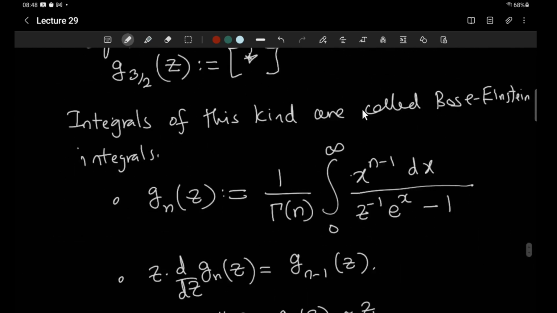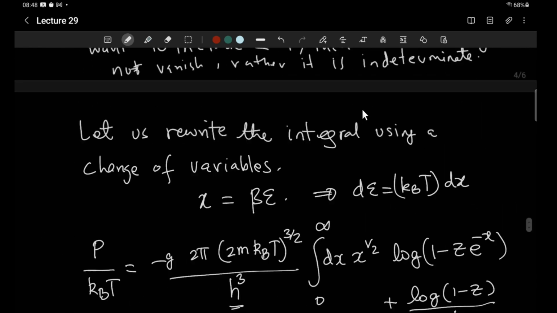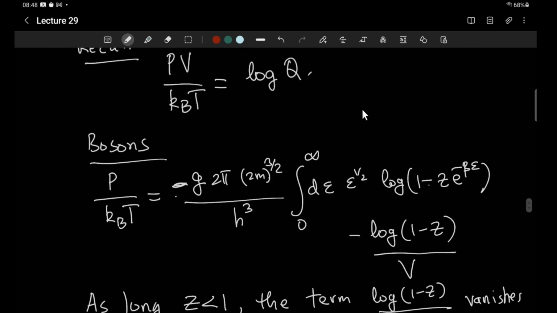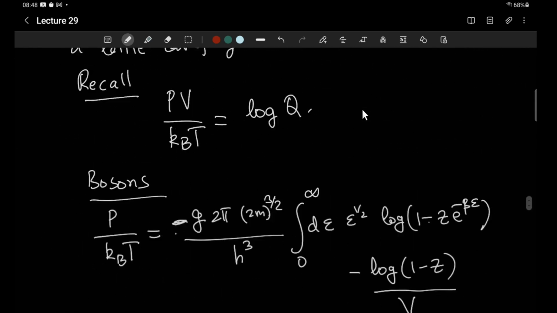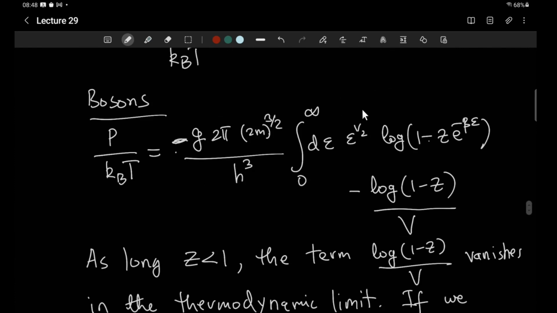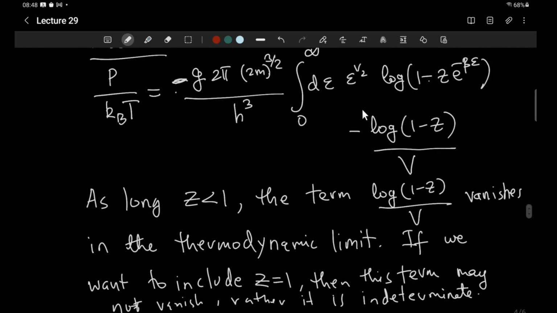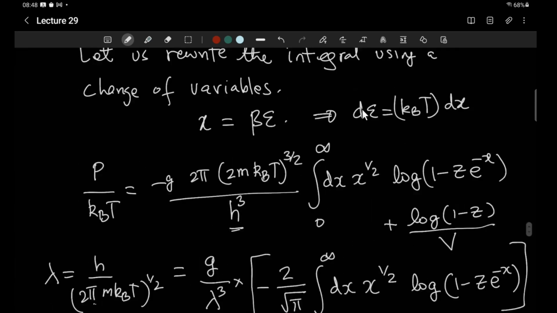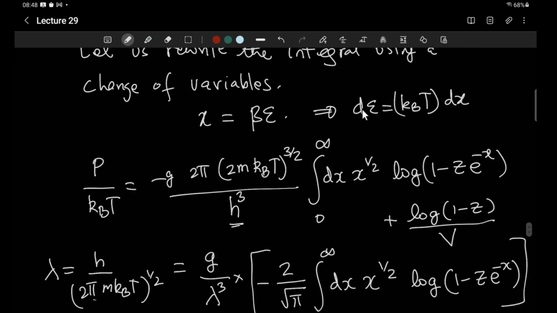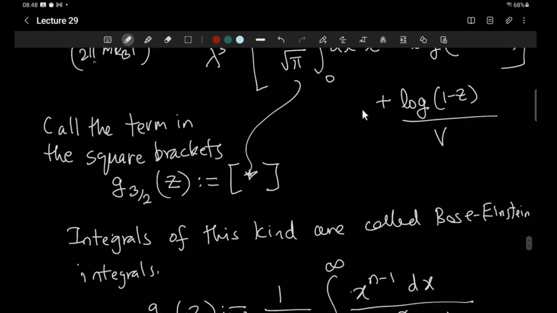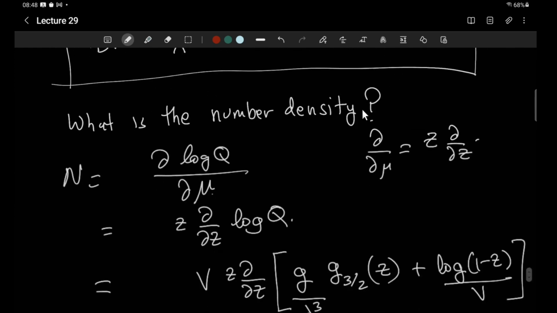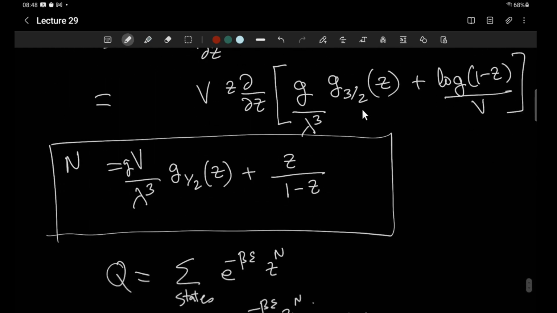My log Q, go back to my log Q expression. I mean, G is dimensionless, we agree, right? X is a dimensionless quantity. All the powers of beta have come. Okay. So I have a formula.